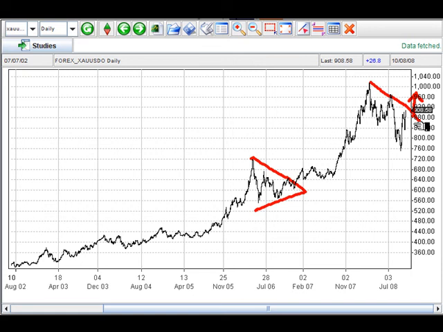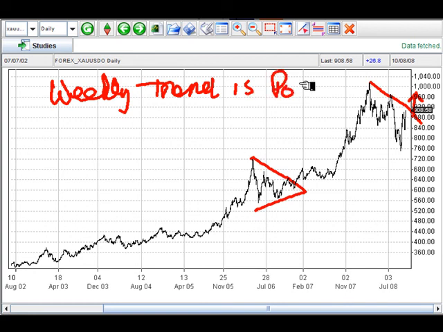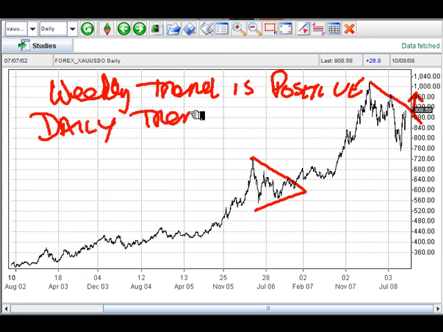I'm not sure yet, but the reality is our weekly trend is positive, and the daily trend is positive. So both of these are positive, and it would indicate that this market is going to move higher.